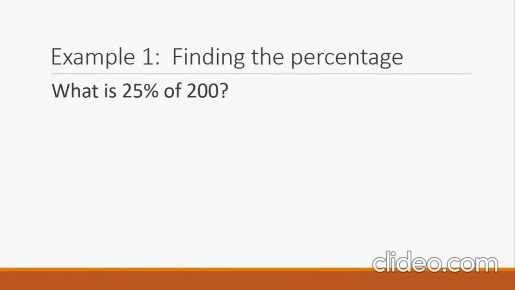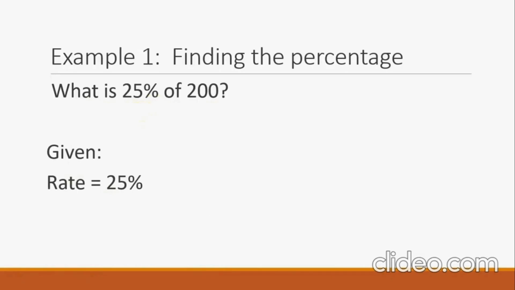Example 1. For finding the percentage, problems will come to you like this. What is 25% of 200? First, let us list the given. The immediate given that we can write is the rate because of the percent sign on the number 25.